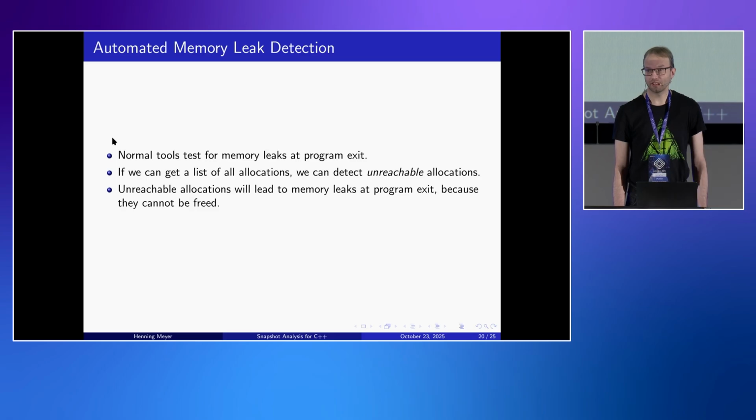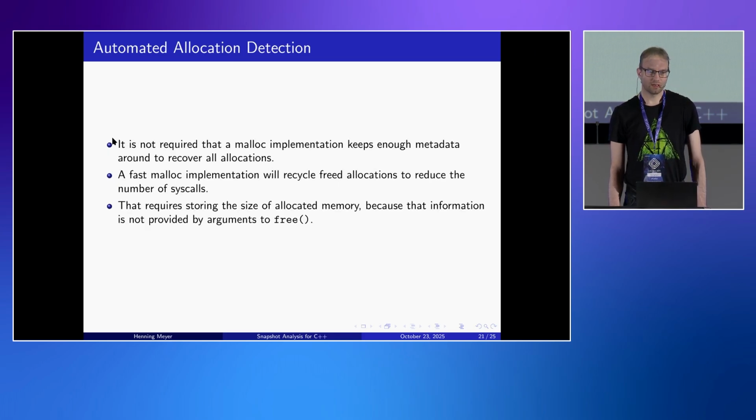And then we can get a list of all the allocations that are unreachable, that don't have any pointers pointing to them. And these are allocations that we know now, while our program is running, that they will become a memory leak at the end of the program. And that means we can detect some kinds of memory leaks a lot earlier.